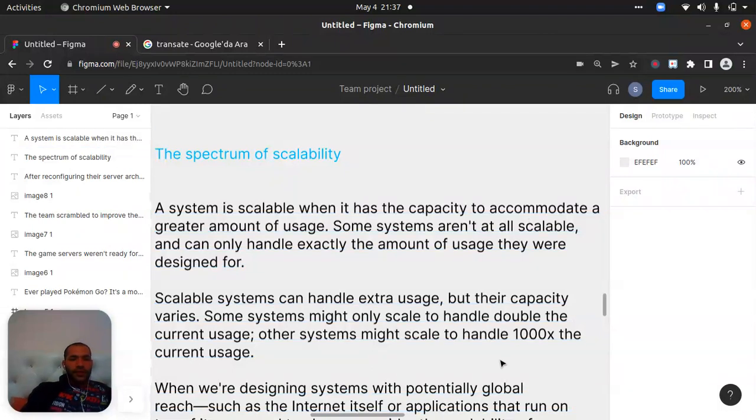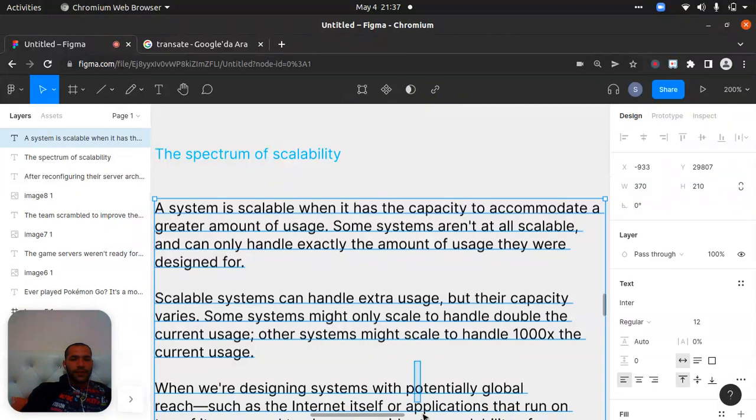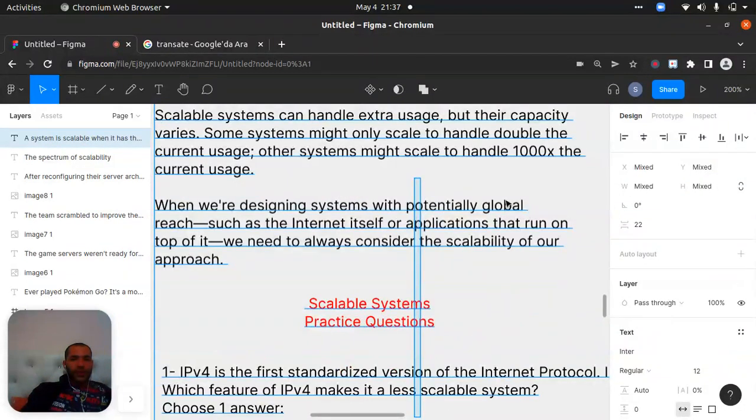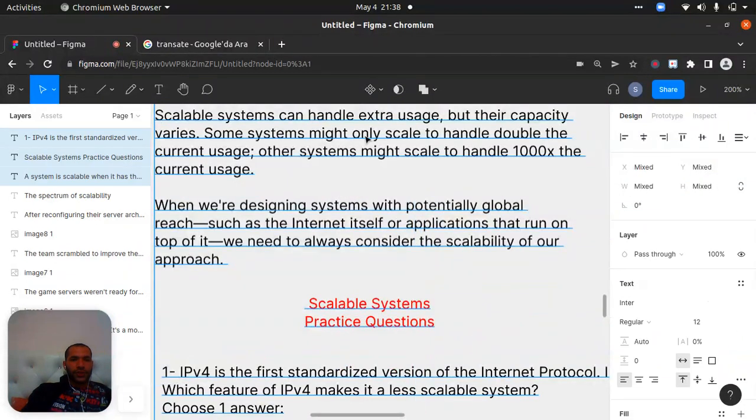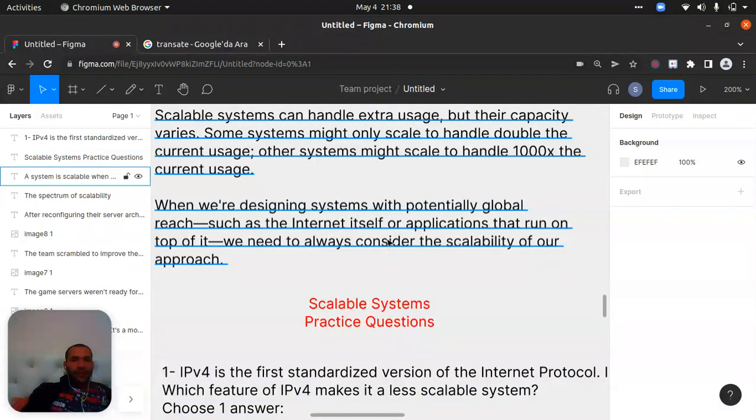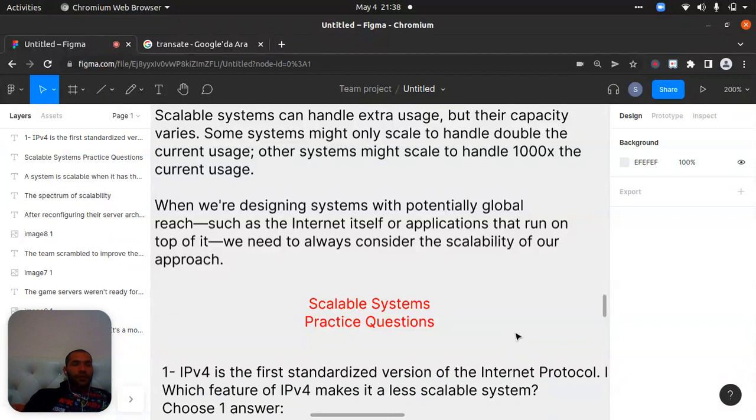When we are designing systems with potentially global reach, such as the internet itself or applications, we need to always consider the scalability of our approach. We need to always prepare our platform for big traffic.